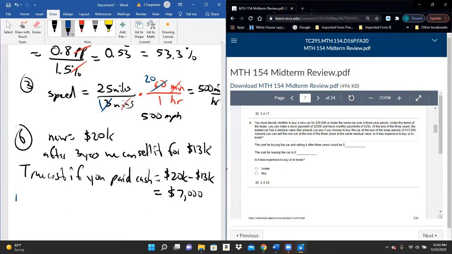Now let's go to the leasing, because this one's a little more complicated. To lease the car, you put $2,000 down. So when you walked in, you didn't have 20 grand, you only had 2 grand, and they said, well, how about a lease instead? We'll take your 2 grand, and then you just make some monthly payments. Now, you have a third option, which is to get a loan.